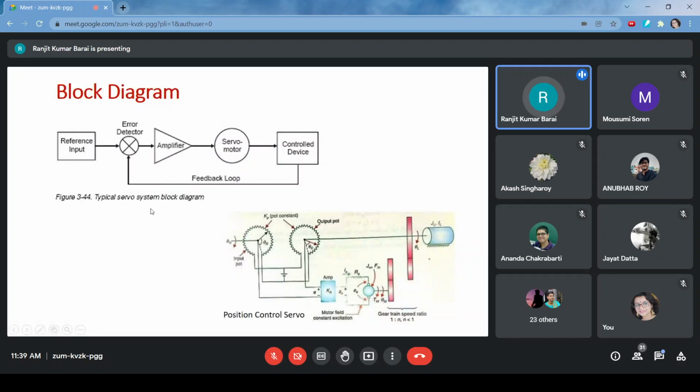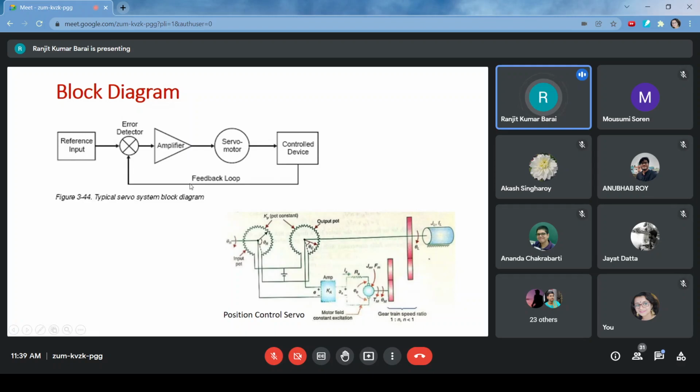Now the simplified block diagram looks like this. You are very much familiar with this type of block diagram. So there is a reference input, and a feedback loop which senses the actual position or actual variable. We detect it and apply it to the amplifier. Then where is the controller? Actually, the controller is inbuilt.